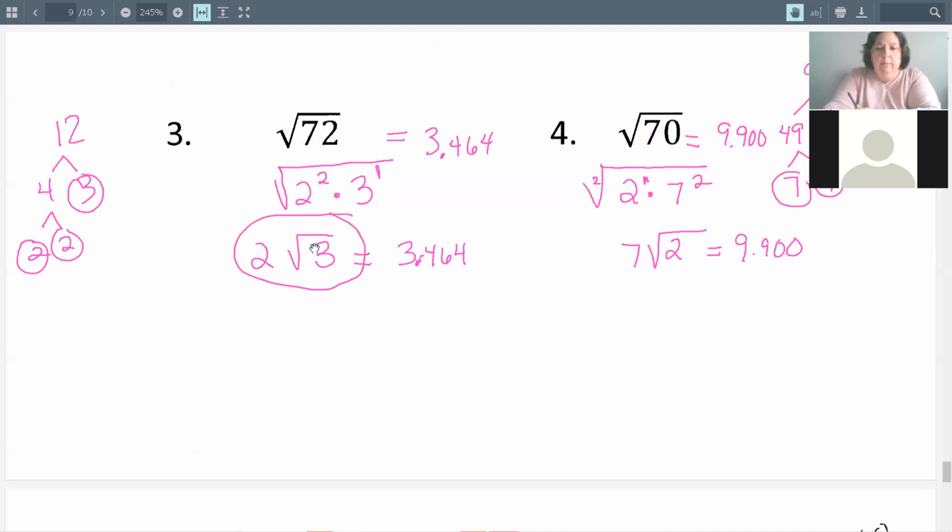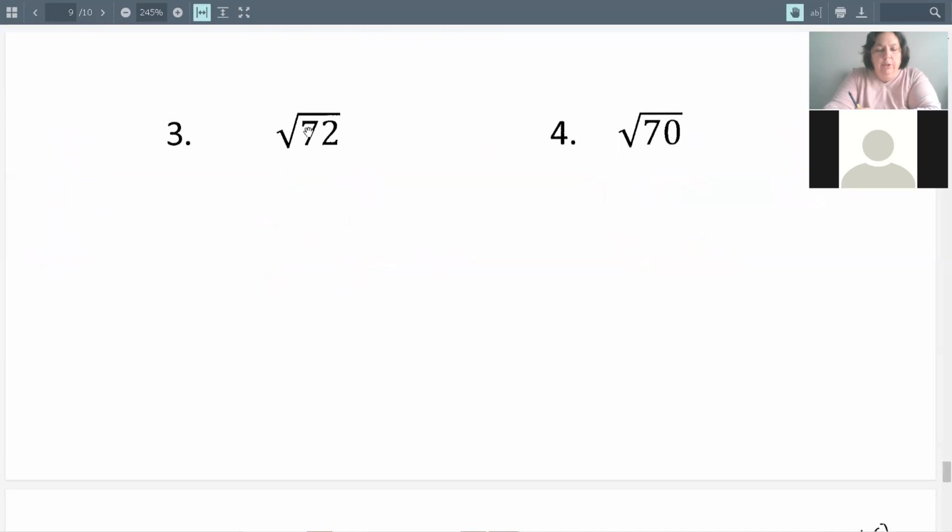Three is a little bit different because we have an exponent that is higher than 2. Go ahead and do your factor tree for 72 and 70. So you should be drawing out your factor tree on that margin. 9 times 8. 8 is 2 cubed.